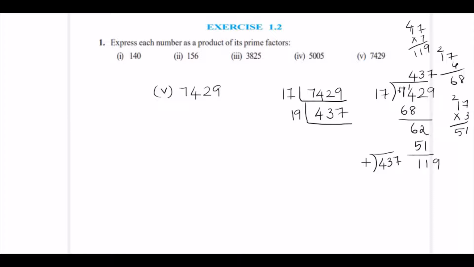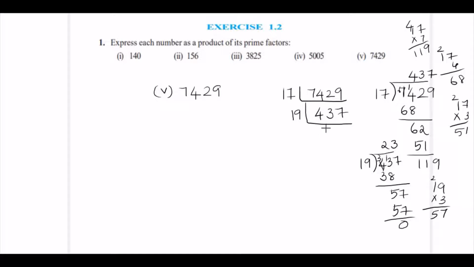So in 437, 19 goes. 19 into 2 is 38, then 19 into 3 is 57, remainder 0.